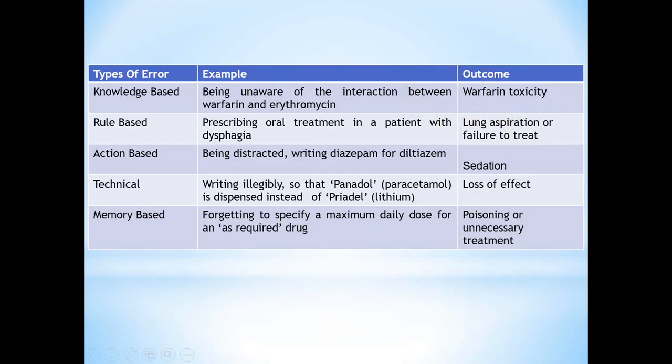The other one is rule based, what we studied in the figure, that the second kind of mistake is rule based, that is not implementing a good rule or a bad rule implemented, that is prescribing oral treatment in a patient with dysphagia. Dysphagia is a disease related to your oral cavity, and you should avoid the oral treatment. So there is failure to treat.